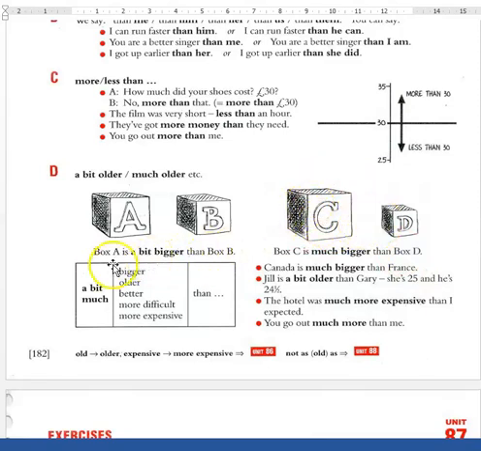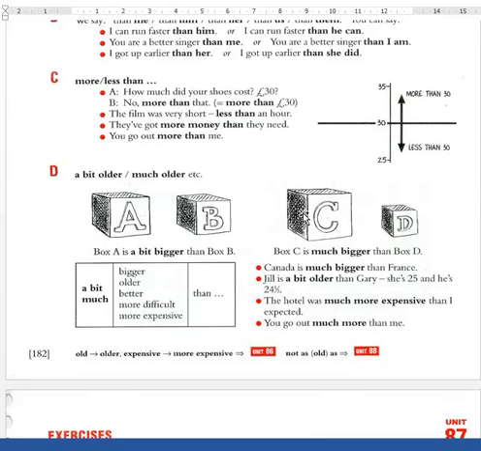Now we use these a bit and much to show a difference in the comparison, or to show my opinion. If I said, for example, SuperValu is more expensive than Lidl, you might say, oh, SuperValu is much more expensive.